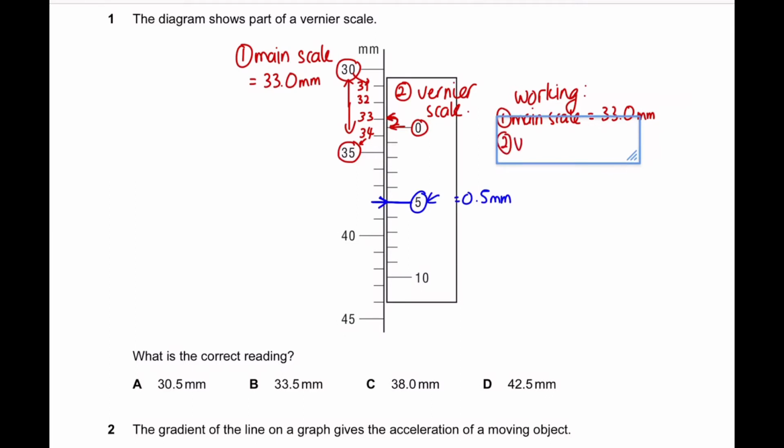Second is the Vernier scale, which I'll write as V scale. The Vernier scale is 0.5 millimeter. Align the decimal in one line. Then we have to add both of these number 1, number 2 together to give you the total, which is 33.5 millimeter, which gives us option B.